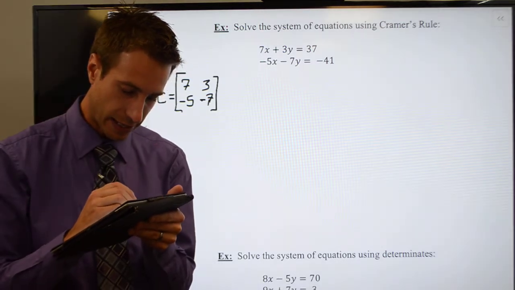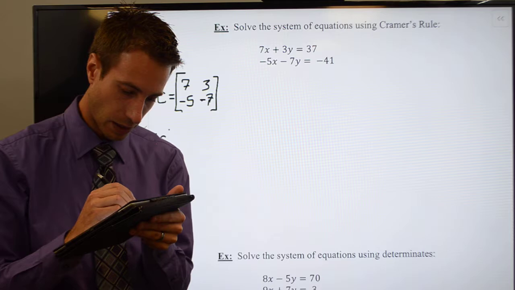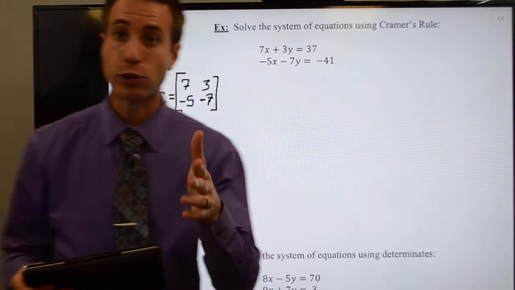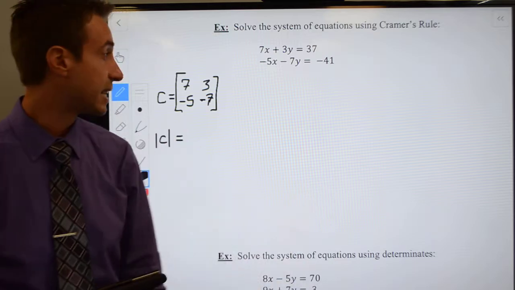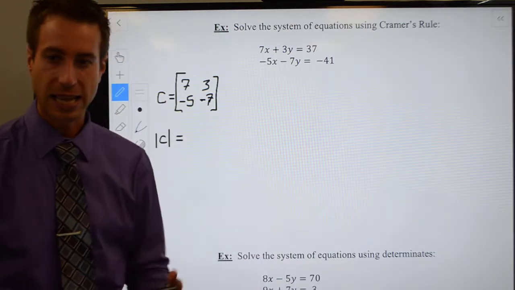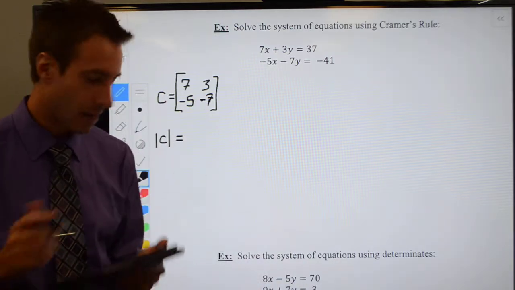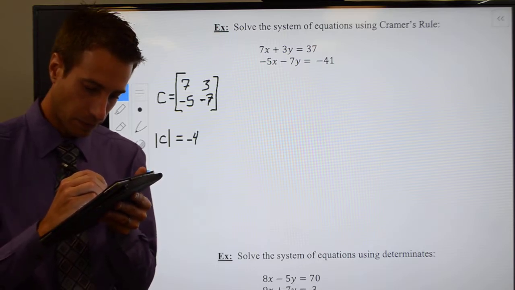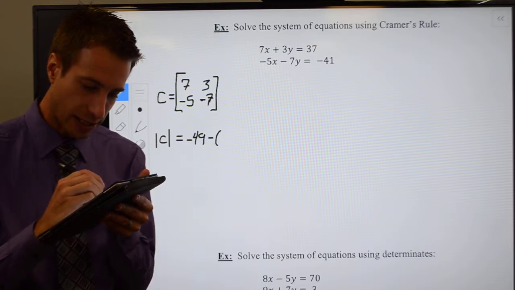I need to find the determinant of that coefficient matrix. It's a 2 by 2 matrix, so I just simply use the diagonals. 7 times a -7 is a -49. I'm going to subtract from that, careful, watch your signs, a -15.